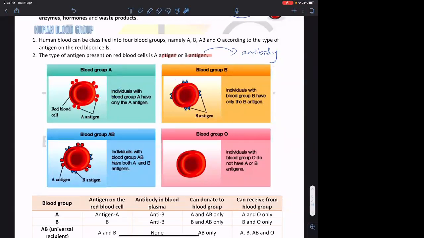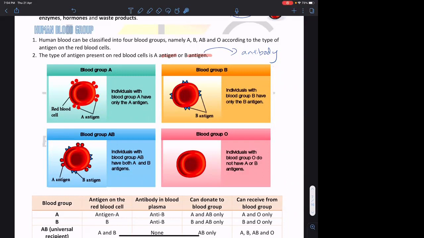Now, if for some reason I give you the wrong blood, I give you blood group B. When your white blood cell starts touching this fella, they will say, oh my God, I don't know you. Who the hell are you? And then your white blood cell will start freaking out. They will start attacking this blood. So now your blood will start to attack each other in your body. So now they will start to clot and you will die. But I don't think anyone is stupid like that to give you the wrong blood.